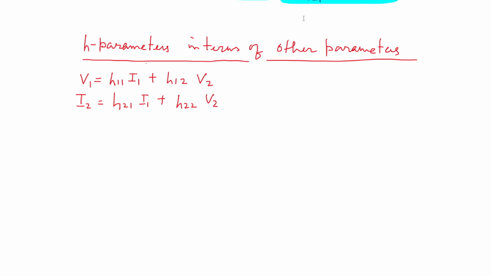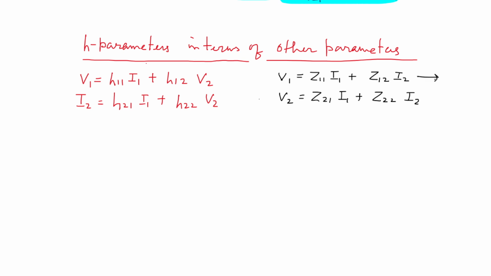Now first we have Z parameters. So what is the equation for Z parameter? V1 is equal to Z11 I1 plus Z12 I2, and V2 is equal to Z21 I1 plus Z22 I2.